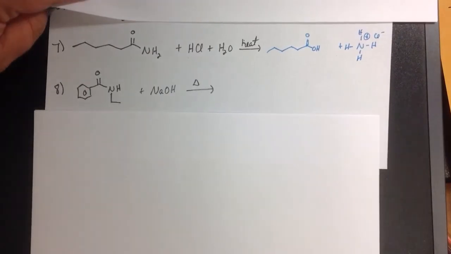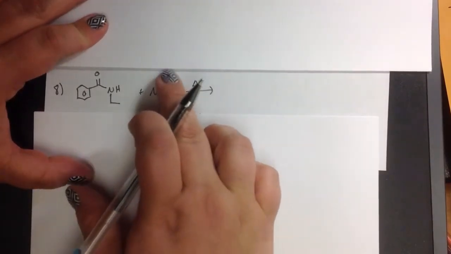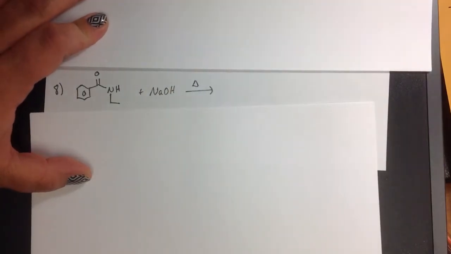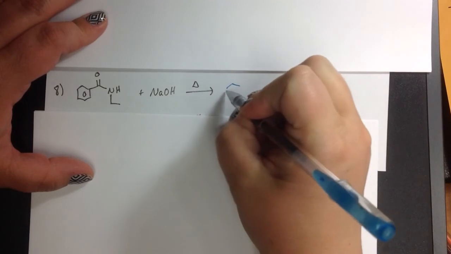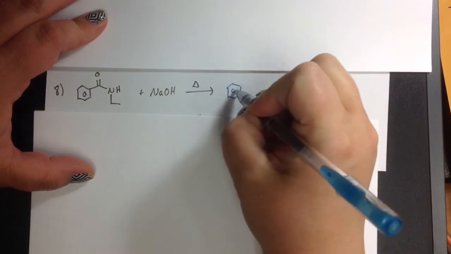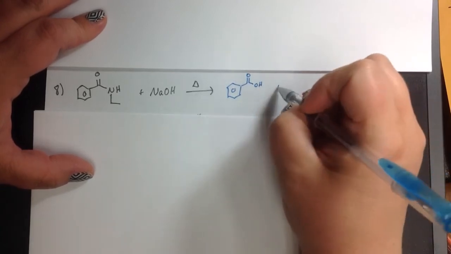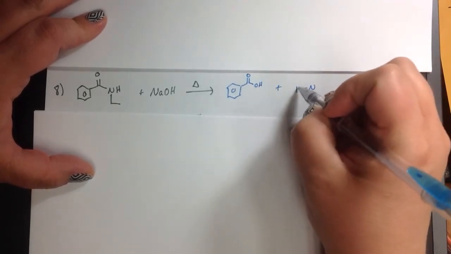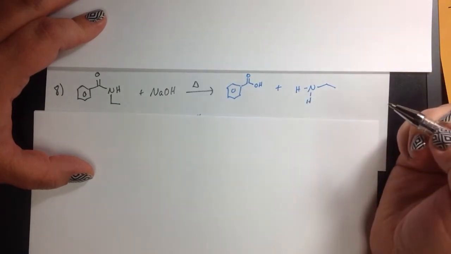Okay, next. This again does not show water. That's okay. You know what to do. We're going to end up with the carboxylic acid plus NH. Boom, boom. We have another H there.